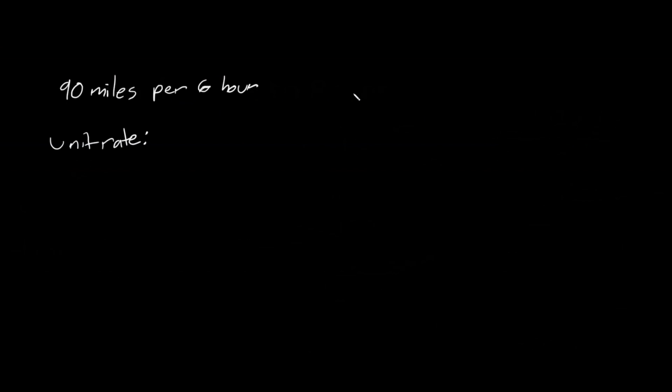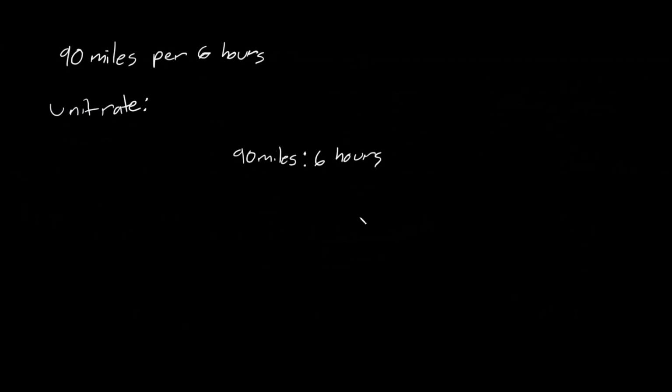So let's write this as a ratio for this problem. We can write this as 90 miles to 6 hours. In order to find the unit rate, or a rate in which the hours are equal to 1 hour, we need to divide both parts of this ratio by 6.